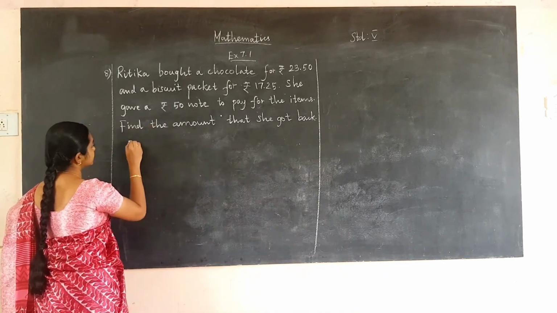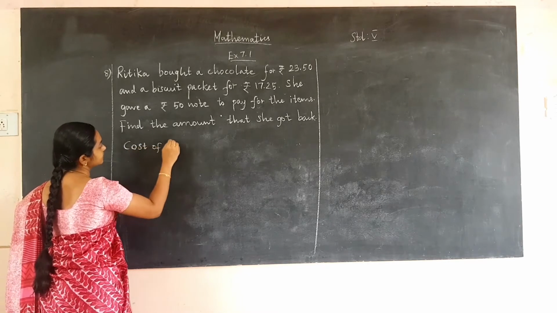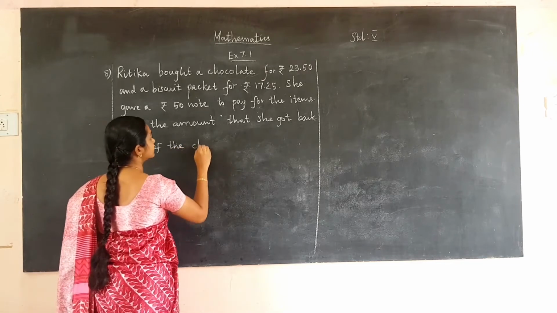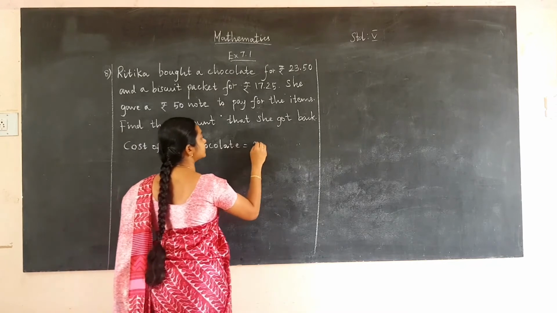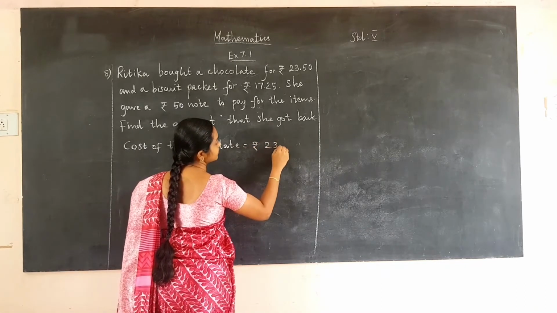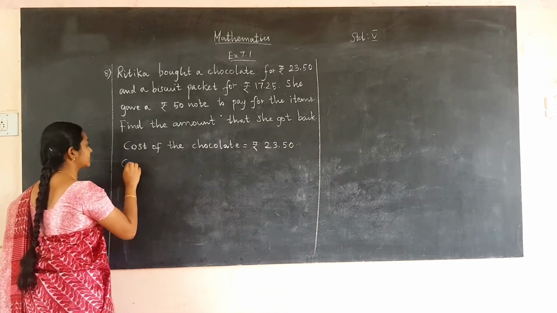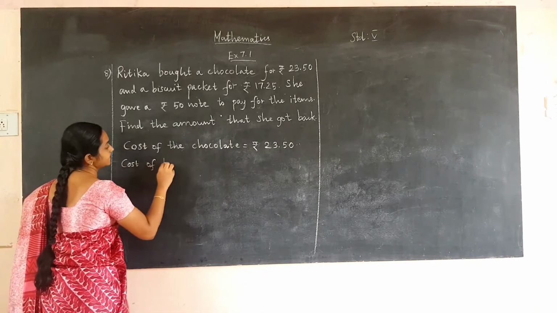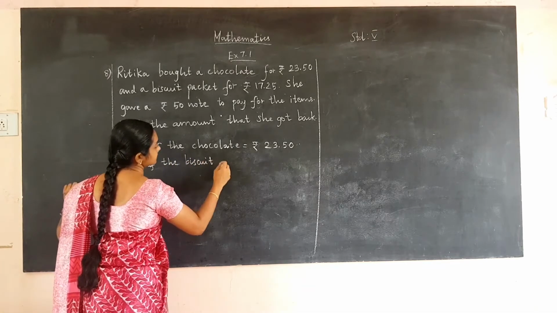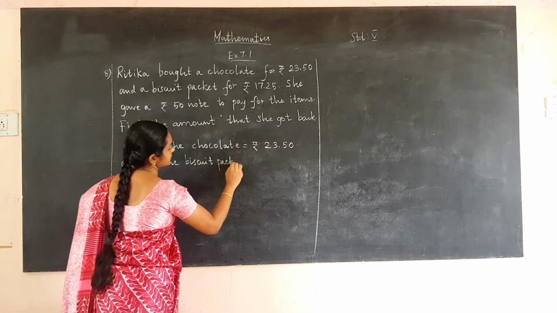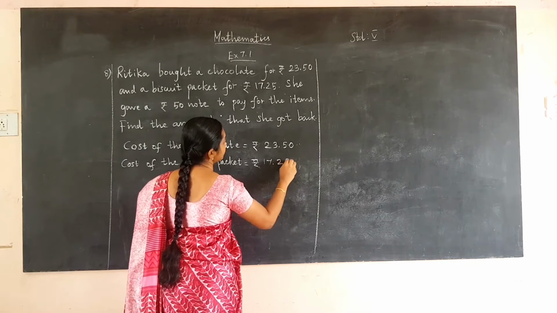First, let us write what is given. Cost of the chocolate is given as rupees 23.50. Cost of the biscuit packet is given as rupees 17.25.